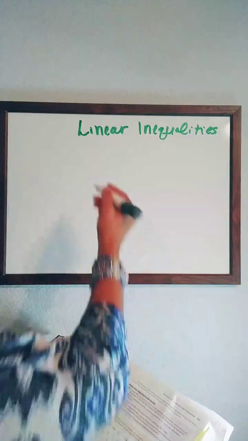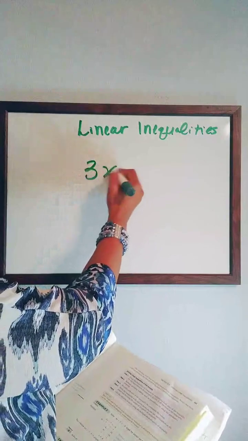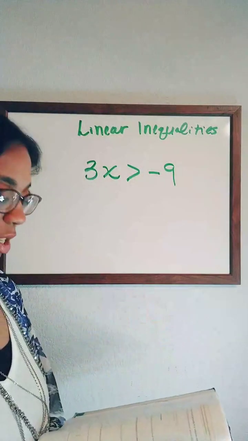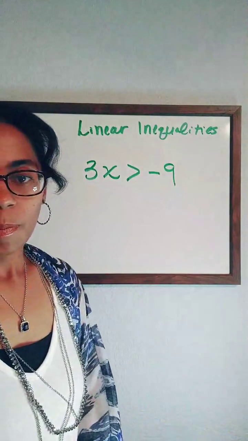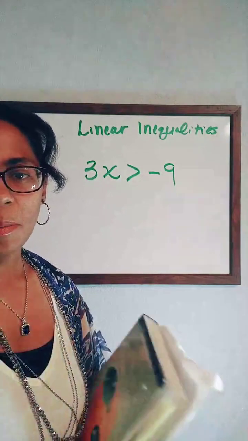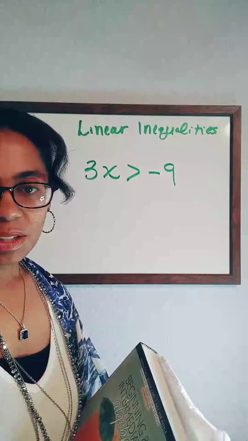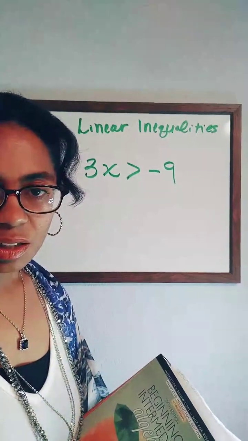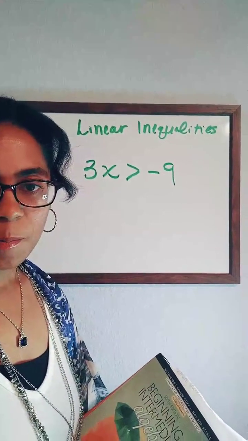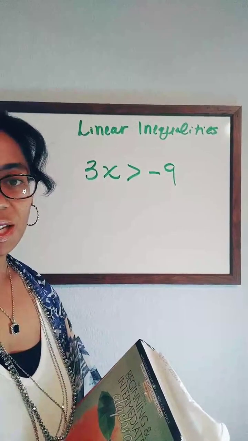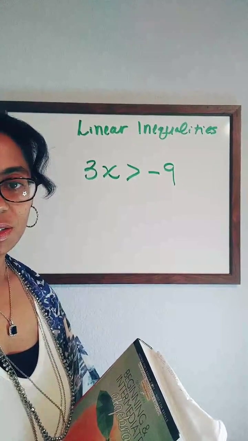All right, so let's do 3x is greater than negative 9, and then we're going to up it a little bit and change it. X is greater than negative 3. Very good.